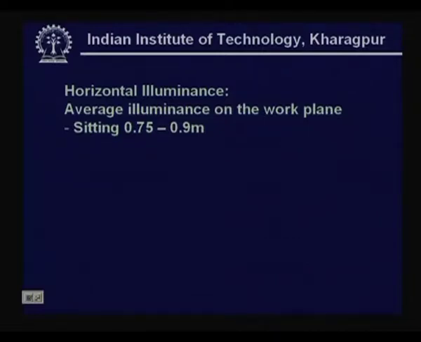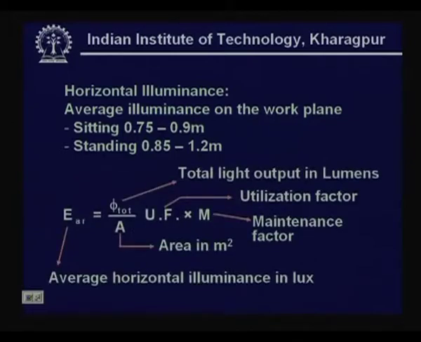If you are working at a table, sitting, the distance from the ground could be 0.75 to 0.9 meters. On the other hand, depending on the height of the person, when you're working standing, it could be 0.85 to 1.2 meters. So how do we define this? We have defined average horizontal illuminance.